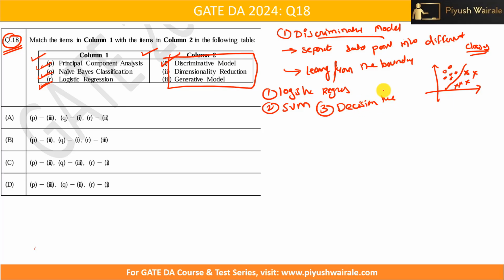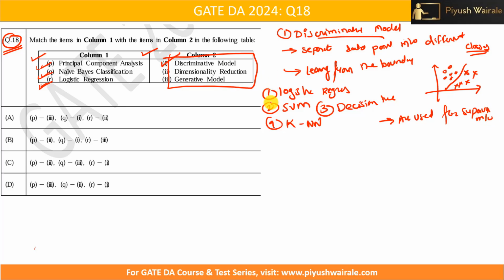I can also say k nearest neighbor, KNN, is part of the discriminative model. Basically, discriminative models are used in supervised machine learning.